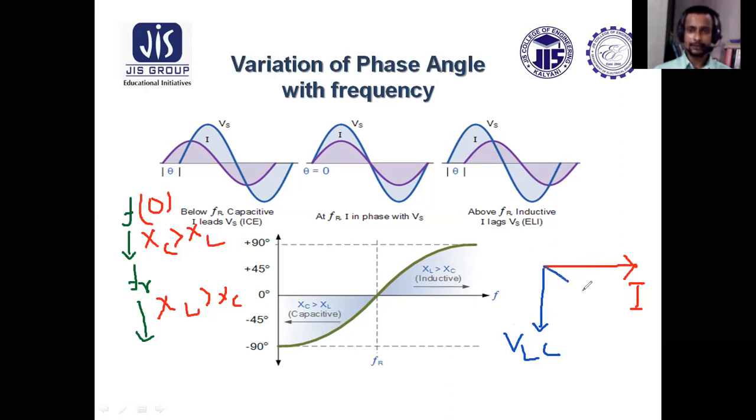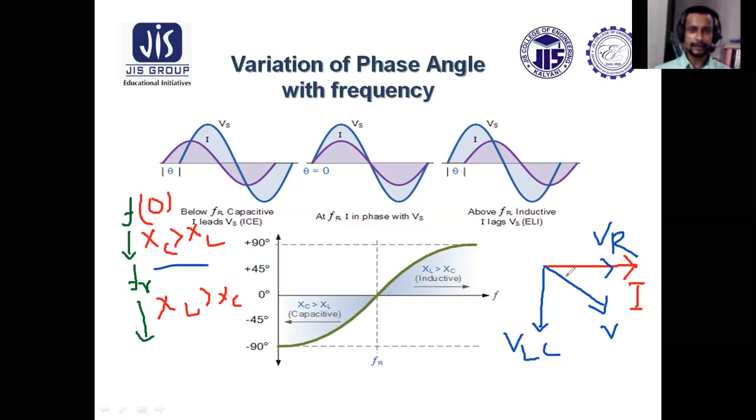So this will be the resultant V if this is VR. So current leads the voltage. Here, this is the current, so current leads the voltage by an angle theta. So till resonance, as the circuit behaves as capacitive, current will lead, voltage will lag.